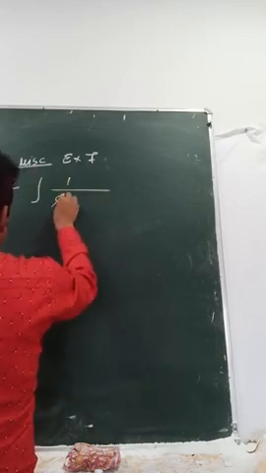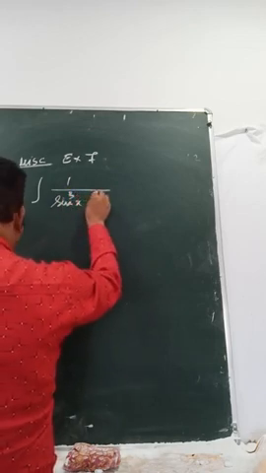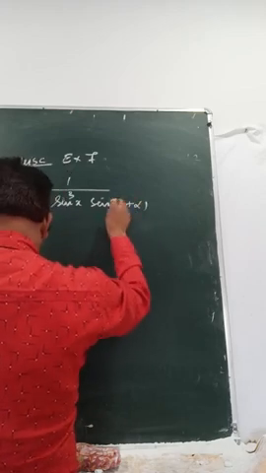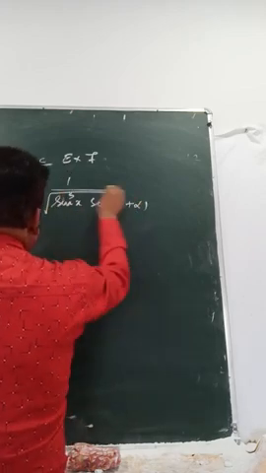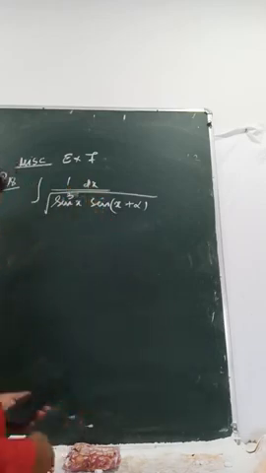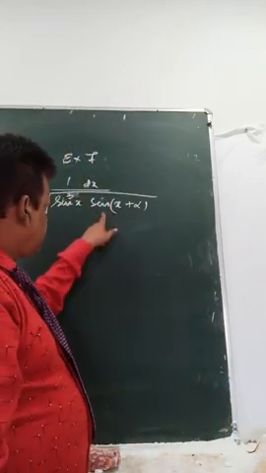1 by sin cube x sin(x plus alpha) under square root. Okay, what to do here? Let's expand it.